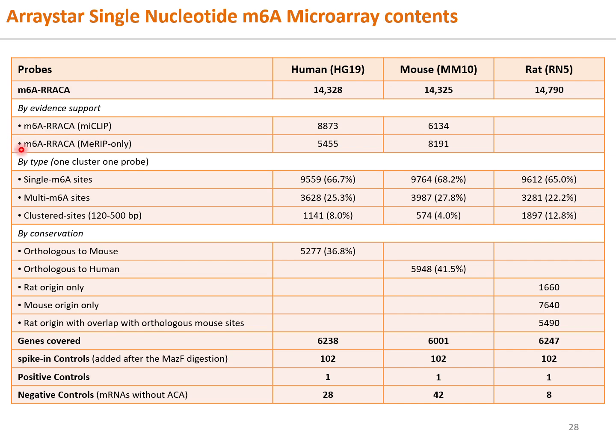The majority of the sites, about two-thirds, are single sites, with about a quarter being multi-m6A sites. The spike-in, positive, and negative control probe sets are designed to ensure accurate quantification and data quality. The m6A site conservation among the human, mouse, and rat species is flagged, as explained in the next slide.